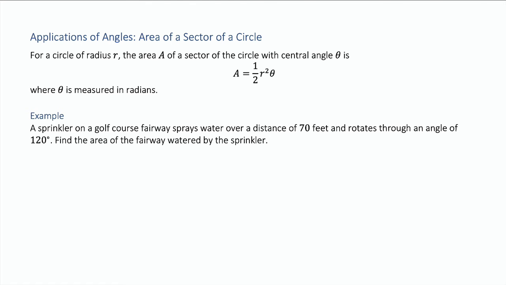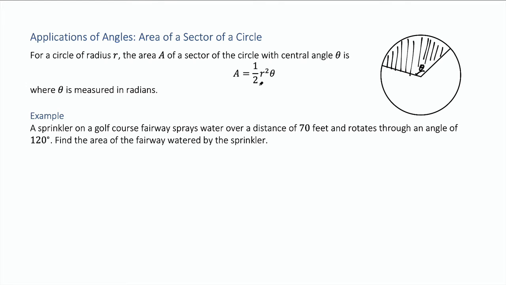Another nice application of angles measured in radians is the area of a sector of a circle. And this is where, again, if you have a circle and you've got a sector of that circle, okay, we're looking for this area here, where this angle here is theta.